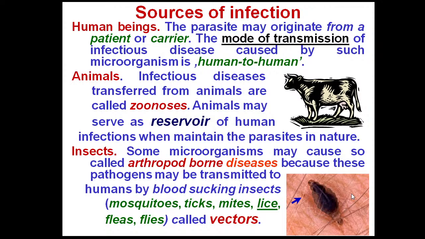But what are carriers? These are those people that are infected but don't produce any visible symptoms of the disease. But because they are infected, the microbes multiply in their, for example, oral cavity and can be excreted and may infect other people.